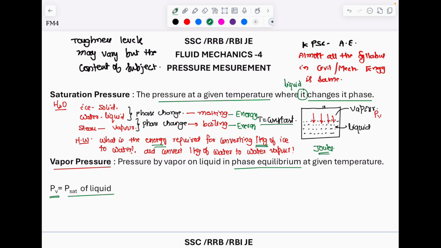What is the vapor pressure? When phase is changed, there will be an equilibrium between both the matters, that is the gaseous matter and the liquid matter. There will be an equilibrium attained in the container. This is the container.